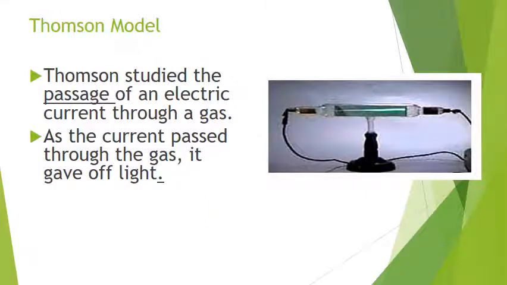What he did was he took a glass tube, and in that glass tube he put some kind of gas, and then he attached it to an electrical connection, and then turned on the electricity, and when it did, it lit up and gave off light. So what he wanted to do was explain why it gave off light.